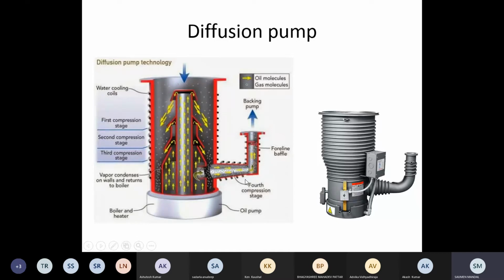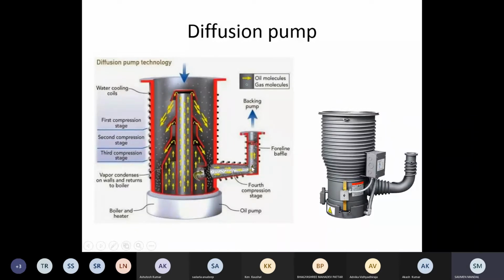Here you can see a particular baffle arrangement, so it will not allow the oil to go outside, and only the air will go outside. The gas molecules go outside, and the oil is heavy and its viscosity is high. So due to the positioning, the liquefied oil will not go out. Only the gas will go out.